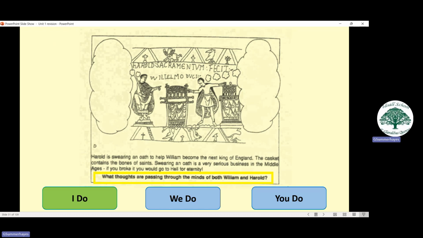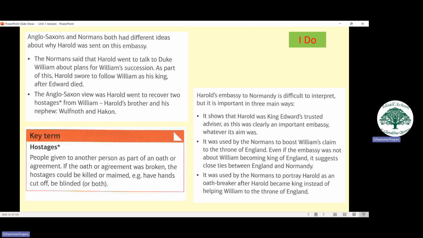I don't know. So the embassy is not really entirely clear as to why he went. It might have been that he was sent over to reaffirm that William was going to become king. That's what the Normans said, but that's what they would say, isn't it?